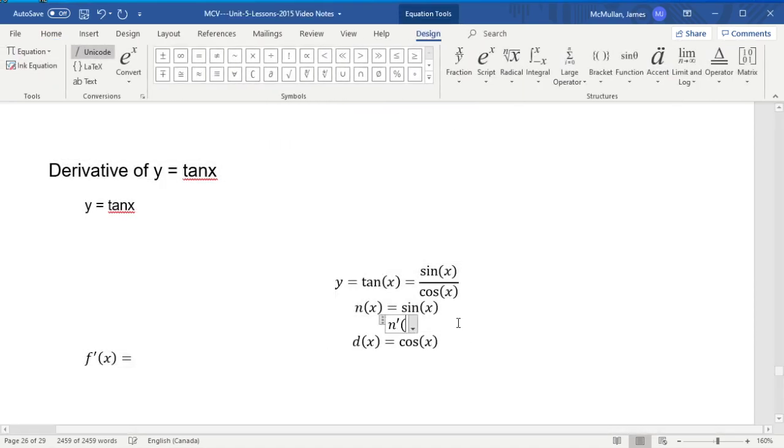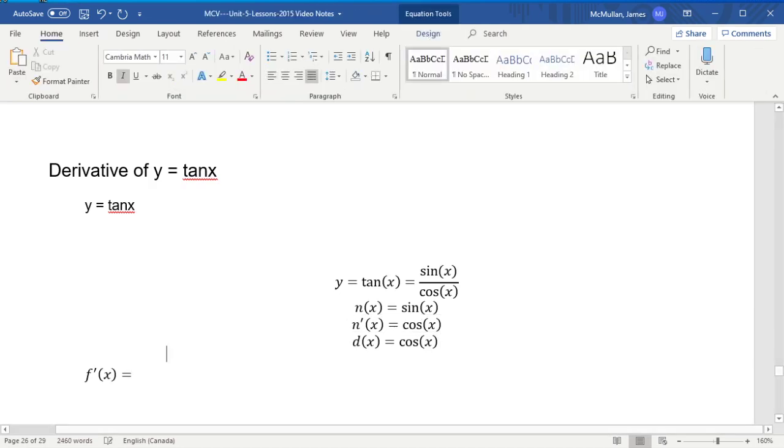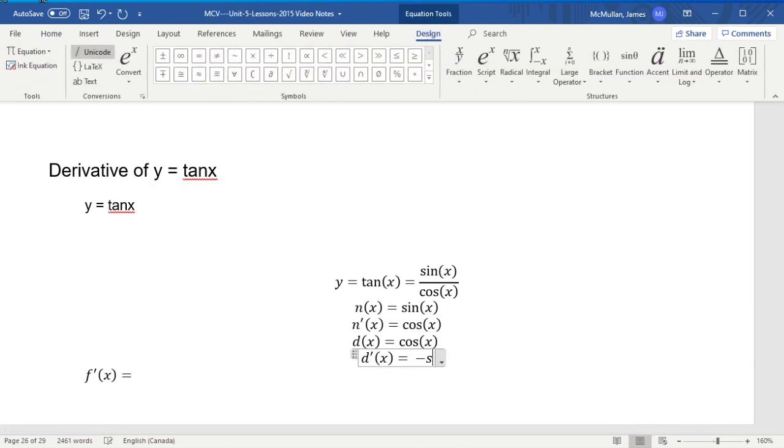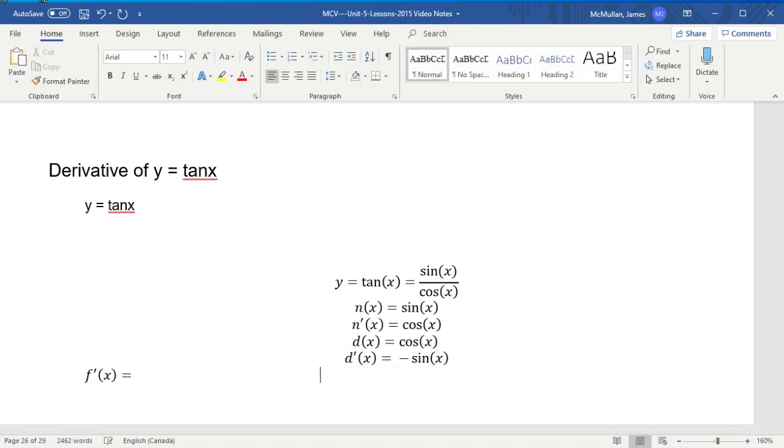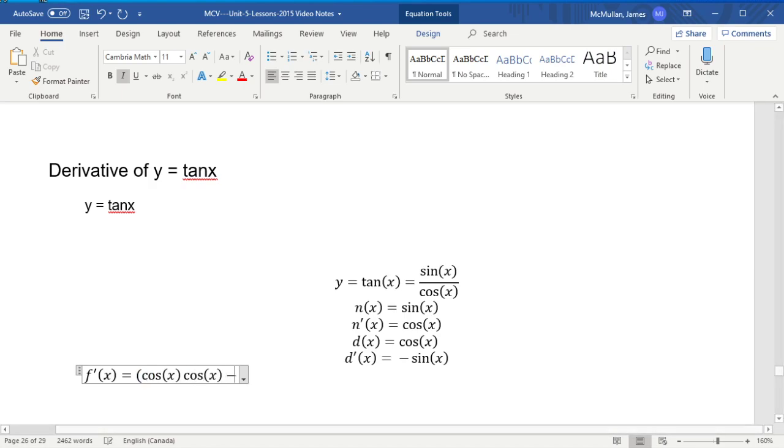Okay, so the derivative of the numerator is cos x, and the derivative of the denominator is negative sine x. Now the derivative of the quotient is going to be, remember, it starts with n prime, cos x, then d, which is another cos x, then subtract d prime, which is negative sine x, and then n, which is sine x.